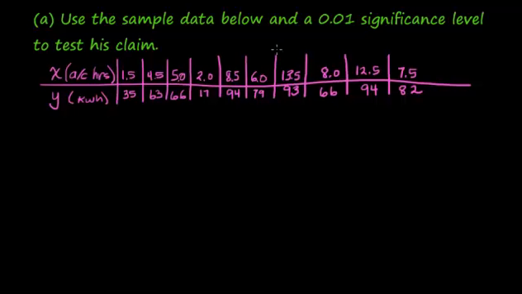Let's see what information we had. We had an alpha of 0.01, and we have 1, 2, 3, 4, 5, 6, 7, 8, 9, 10 sets of ordered pairs. So our sample size is 10. Our null hypothesis is always that rho, the linear correlation coefficient, is 0, no linear correlation.